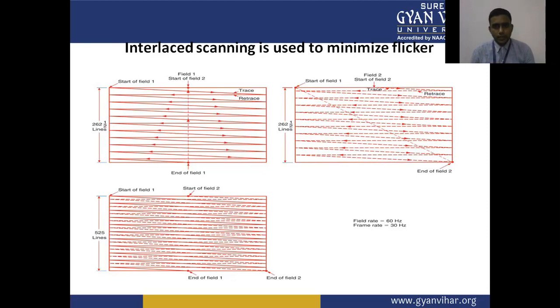In field two, we understand the complete field, that is, the vertical scanning process. The third window shows how the complete 525 lines are scanned. So the field rate is 60 Hz and the frame rate is 30 Hz.